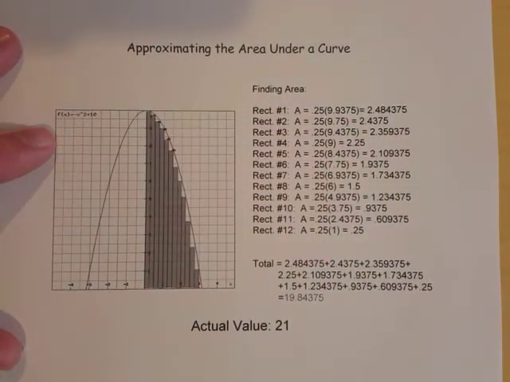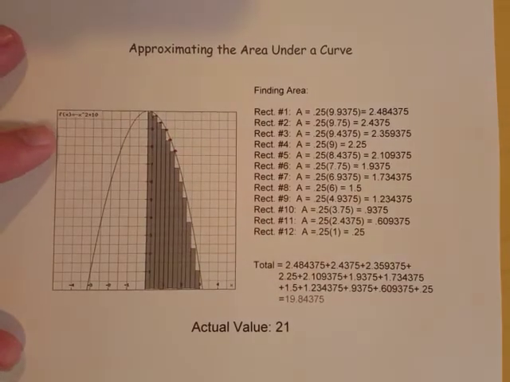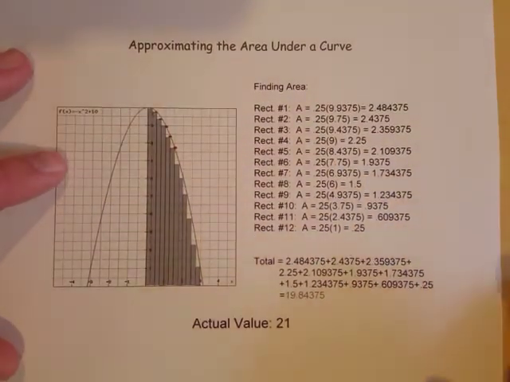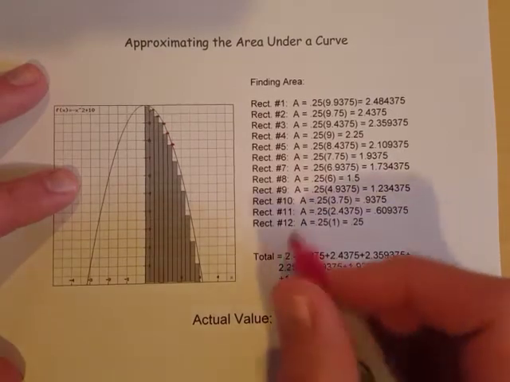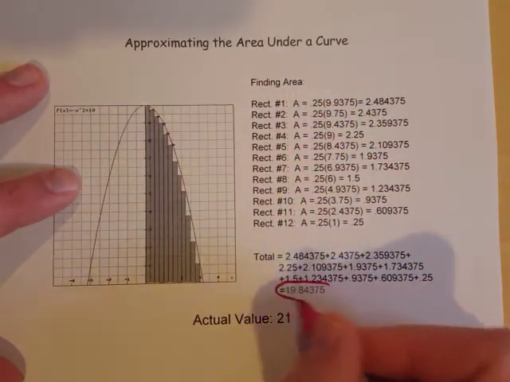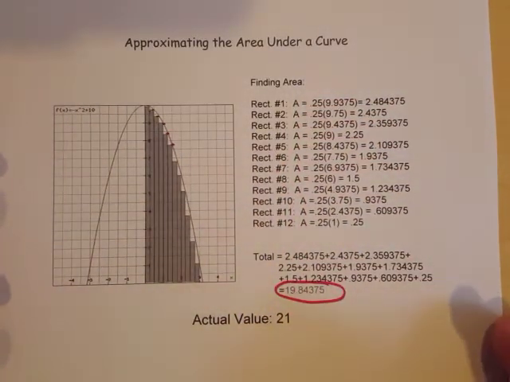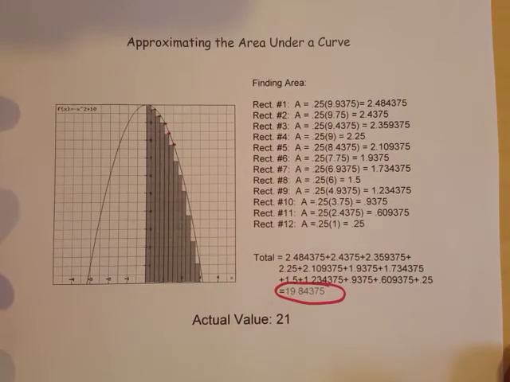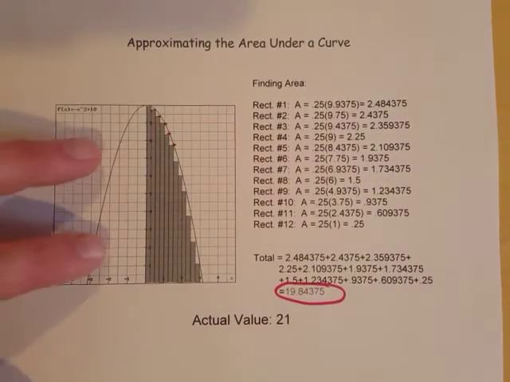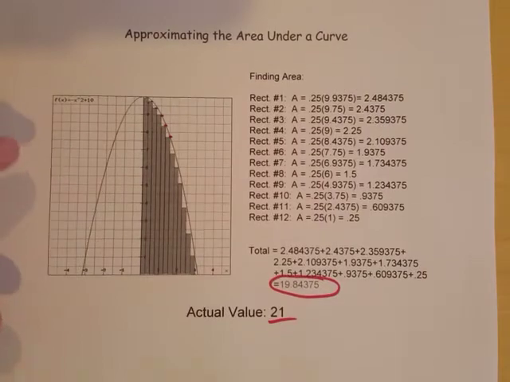It's going to get closer and closer to the actual value, and that's what we're hoping for. When we add all of these up, what you might be able to see down here is that it's 19.84375. Okay, so that's getting better. It's getting closer to our actual value of 21.